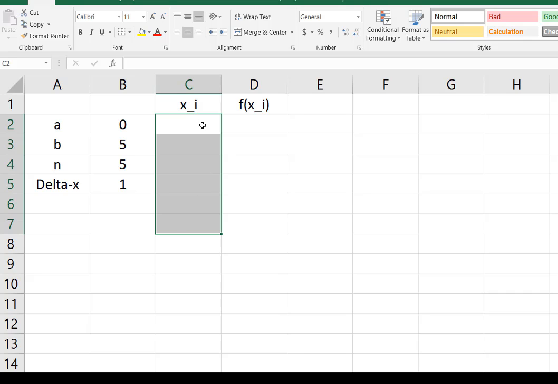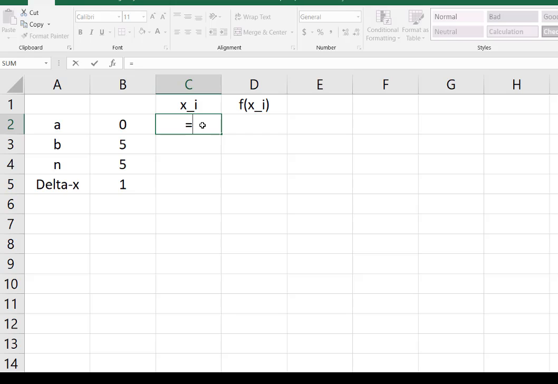So what I'm going to do is in the first endpoint spot, I'm going to specify this value as my first endpoint, because it is. And then to make all the other endpoints, all I need to do is start at this endpoint and add a delta x to it. So the next endpoint would be equal to the previous endpoint plus this value.